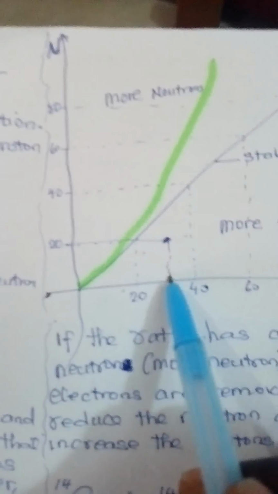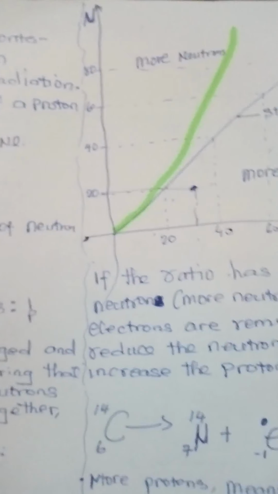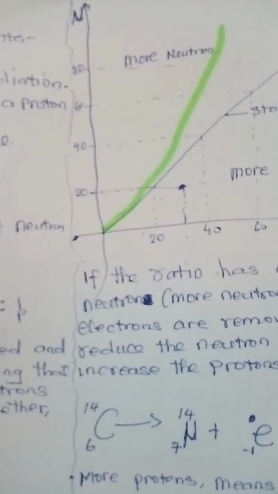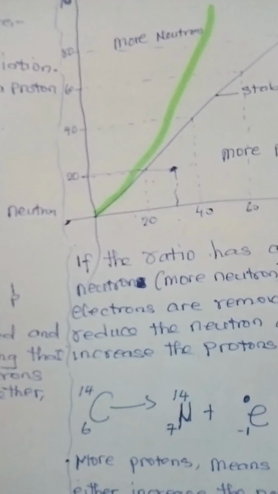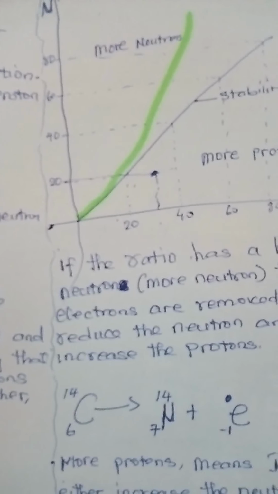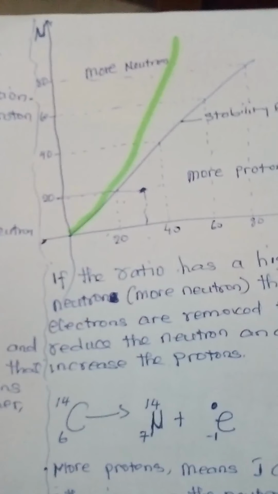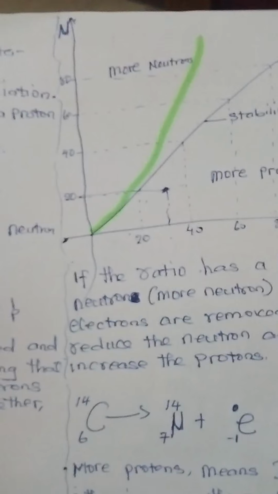Let's say about 35, so number of protons 35. Now 20 divided by 35 will be around 0 point some value. That 0 point some value is to 1. That is what the ratio will be. So this is your number of neutrons, this is the number of protons. At that instance, we have more protons than neutrons.